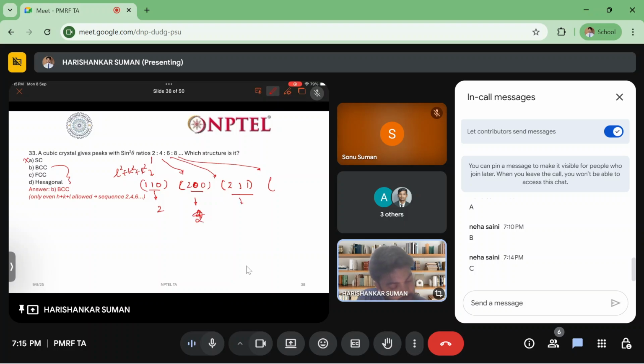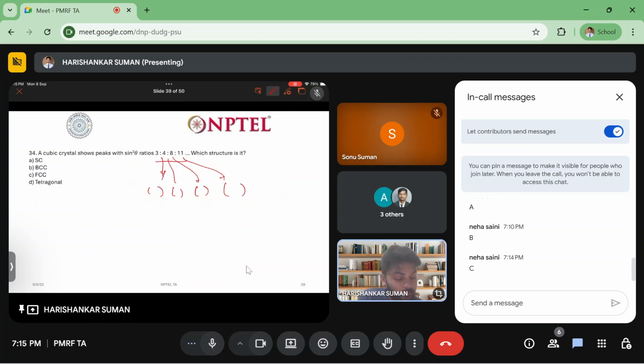This is even. This is 2, 2, 0. So you have to also find out the planes and apply the condition. So the answer will be FCC: 3, 4, 8 and 11. These are the planes.